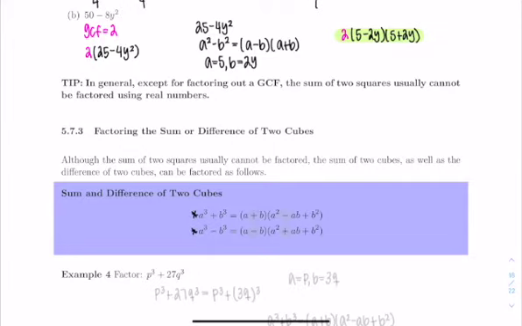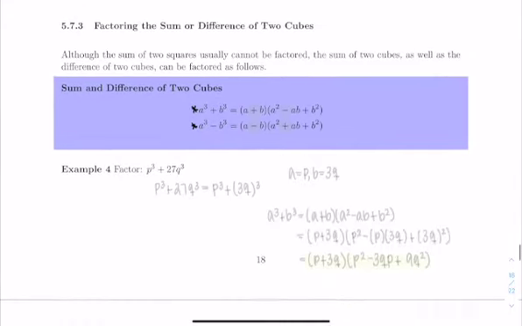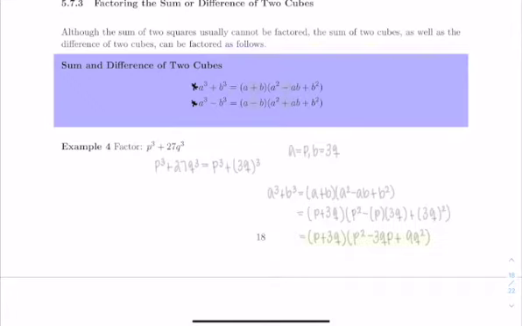So a cubed plus b cubed equals a plus b times a squared minus ab plus b squared. And a cubed minus b cubed goes into a minus b times a squared plus ab plus b squared.